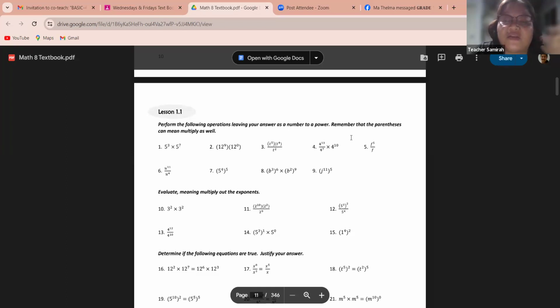Anyone? T with the power of 7. Okay, very good. T with the power of 7 because 5 plus 4 is 9, and 9 minus 2 is 7. That is why the correct answer is T with the power of 7.